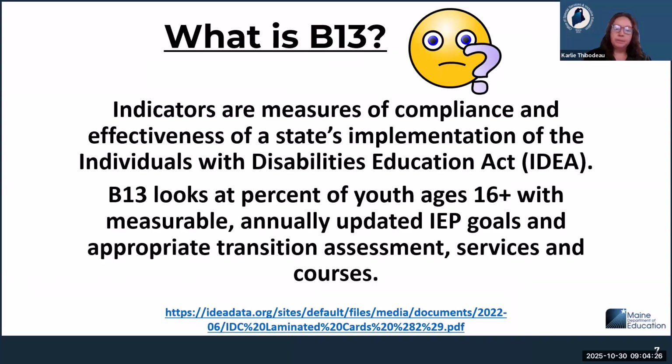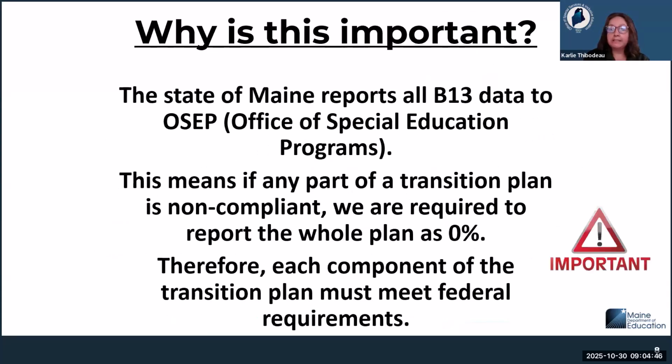But we also have to keep in mind our Maine guidelines, and those do go above and beyond a bit, because for Maine, it actually says starting in grade 9, or when they turn 18, 16, sorry. So we just look at that to make sure that you are complying with what is required in IDEA for that transition plan. And that's what we're going to go over today.